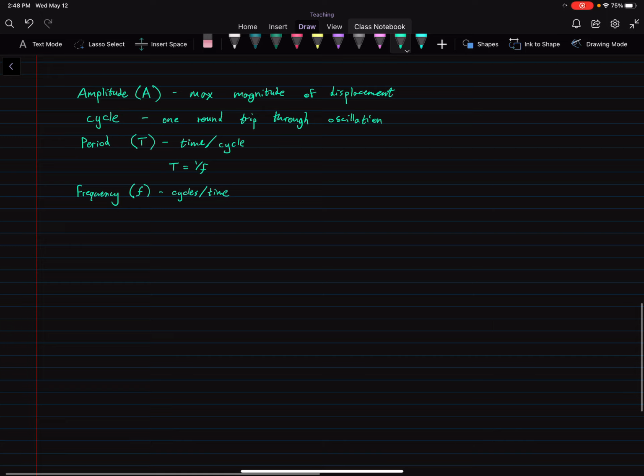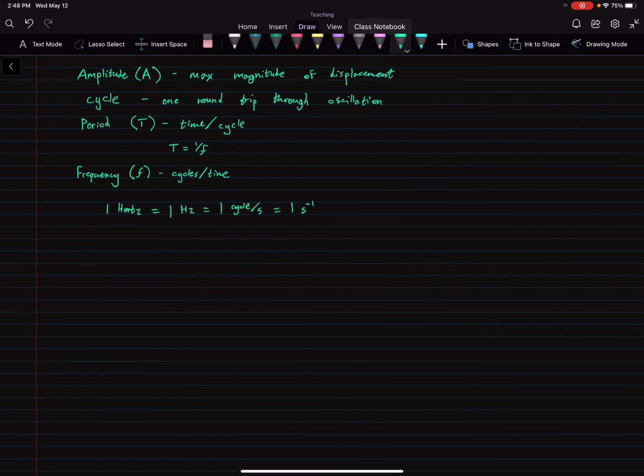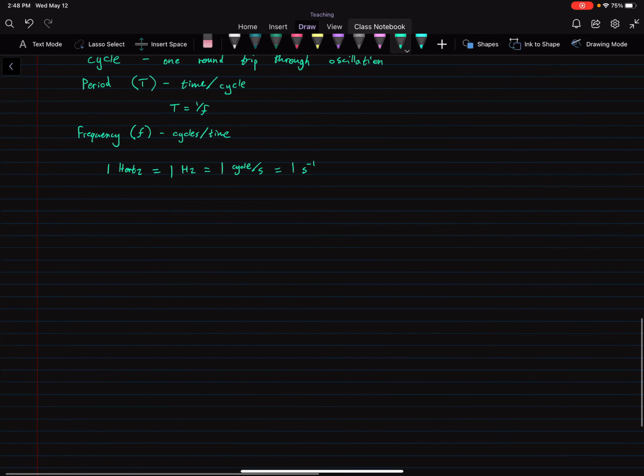So that's what a hertz is. So 1 hertz, abbreviated Hz, is 1 cycle per second, or 1 per second, right? One periodic event per second. And also, rather obviously, frequency is the inverse of period.